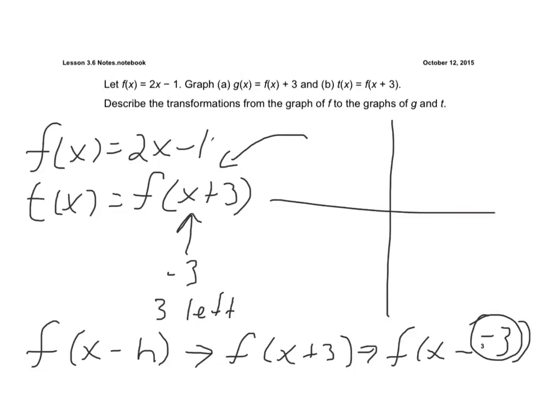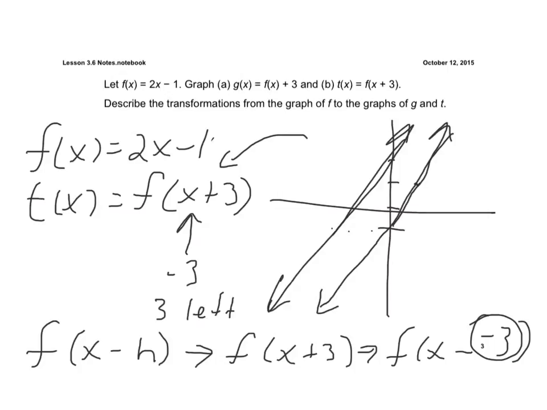So again, if I graph it, and I have a negative 1 here, and I go up 2 over 1, and I graph it, well now, just this point that happened here has to happen 3 to the left. So every point is shifted 3 units to the left. So again, horizontal and vertical translations do not change the shape of the graph at all. It just shifts the graph, whatever the graph is, left or right or up and down.